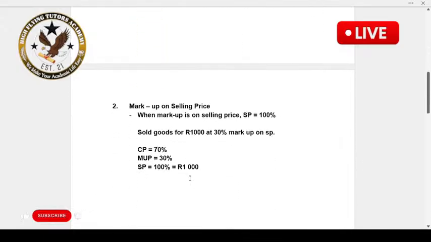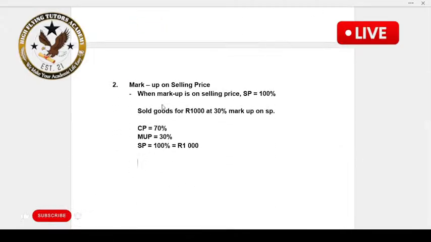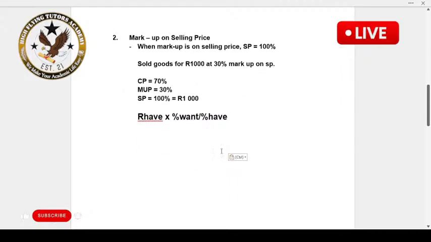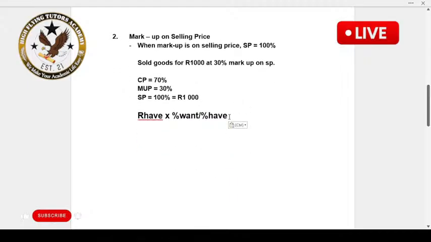Okay, I'm going to copy it and then I'll put it here, right? This formula is the one we're going to follow to calculate the missing rand figures or rand values. I hope you guys are following. If you're following, comment that I am following right there.